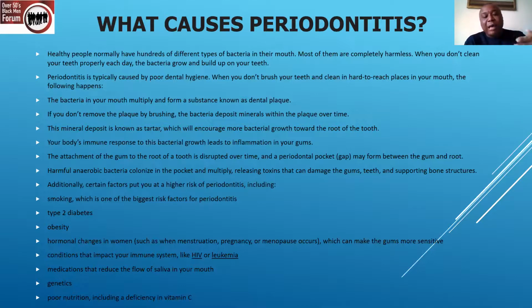The ligaments are broken down, the tooth becomes more mobile, and more damage is done.